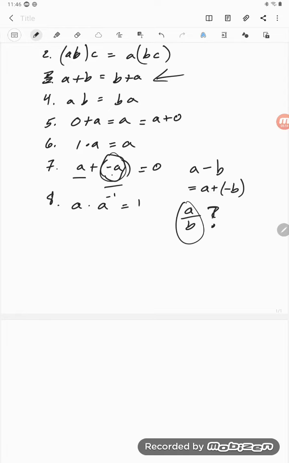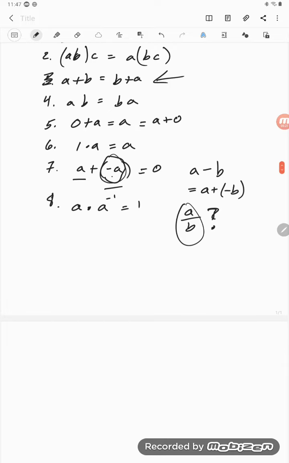We're talking multiplication here. We haven't done a division. It's just that there is some element that if we multiply A times that element, we get 1. And so we'll call that the multiplicative inverse. And every element has to have a multiplicative inverse except for 0.